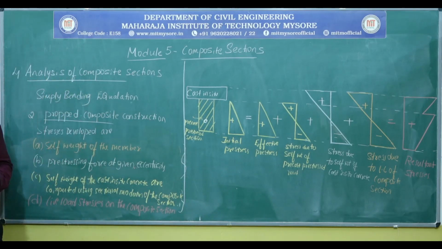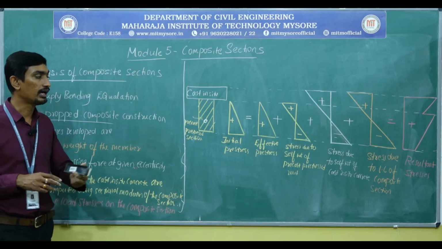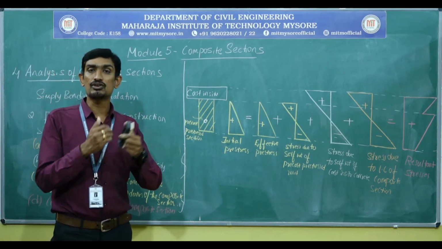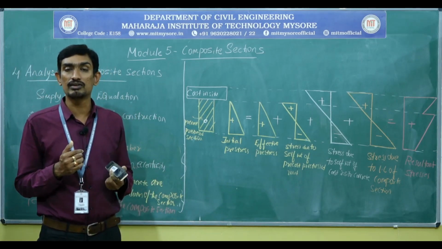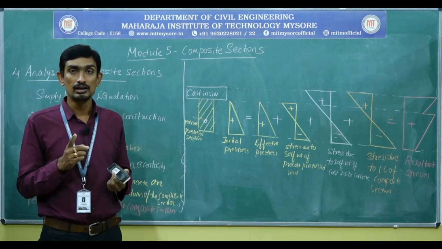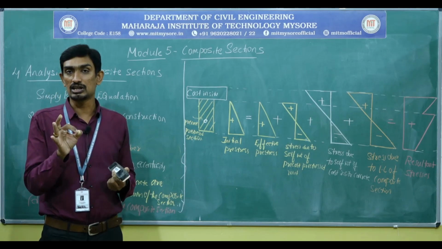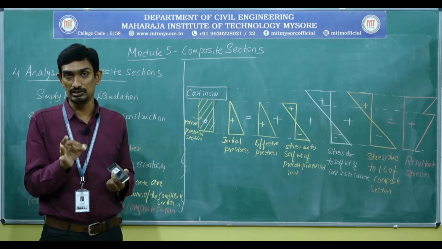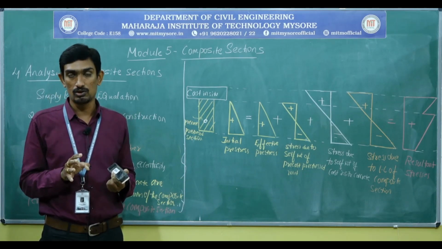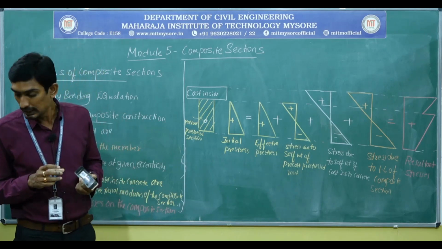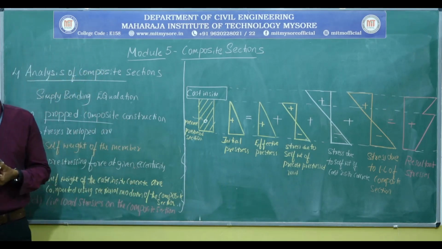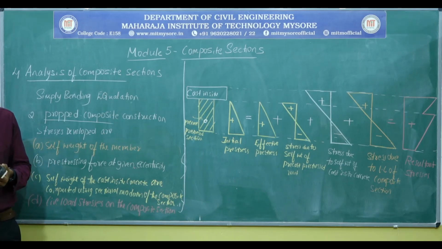When the grade of concrete changes or the modulus of elasticity changes, then the calculation of live load stresses will change. This is one more change. How will the live load stresses be calculated?